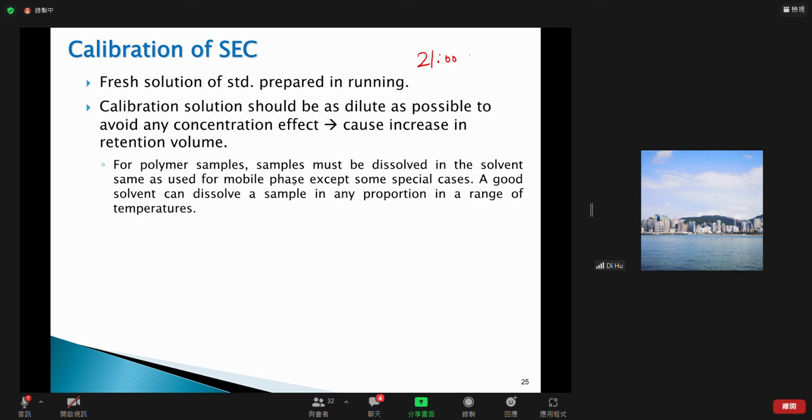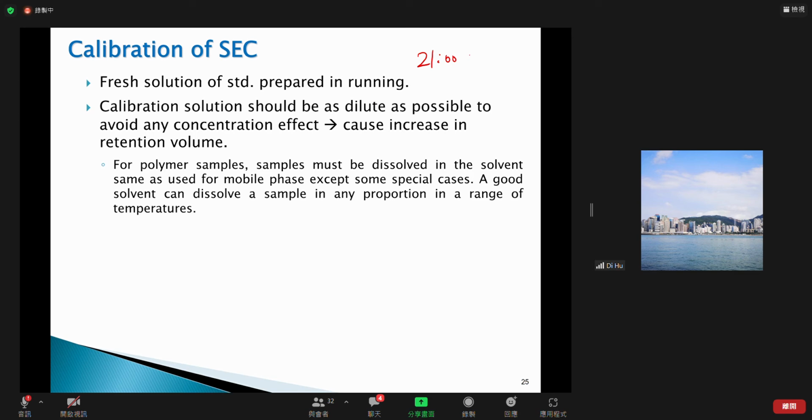So for the calibration of the size exclusion chromatography, we need to use a fresh solution of standard. That means you prepare that, and the calibration solution should be as dilute as possible to avoid any concentration effect.